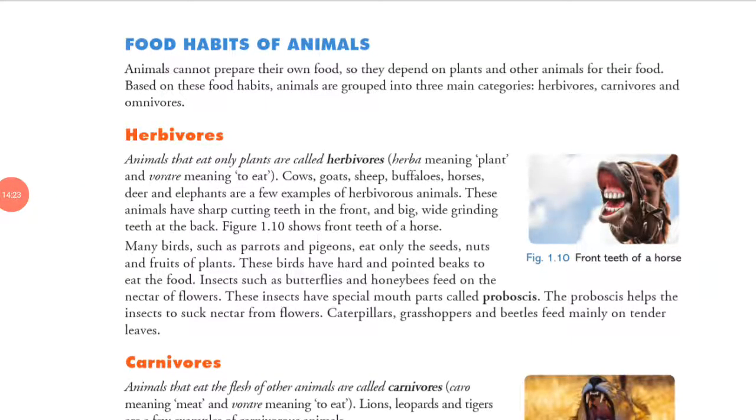Dear students, we will continue with this discussion tomorrow also, based on the food habits of animals and their classifications. Now we will recapitulate what we studied till now.